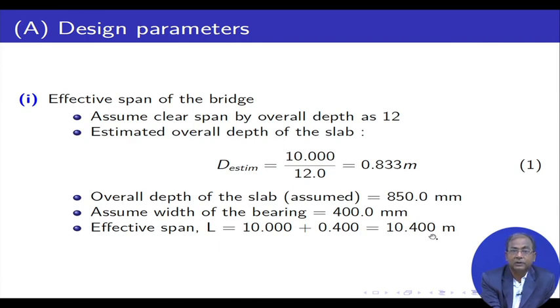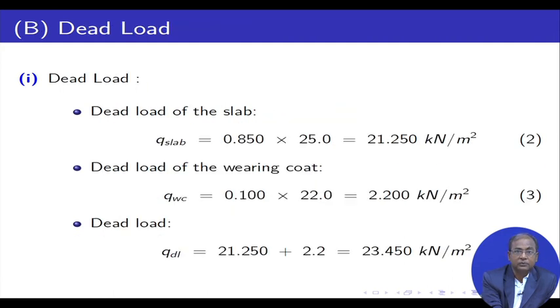This is for the solid slab we are considering here, and we would like to see what is happening. It looks like the same problem, only the span is changed, and I have changed the unit weight of the concrete to 25, which is the usual case we should take. So, as usual, the dead weight of the slab we are getting is 21.25 kilonewton per meter square, and then the wearing coat 2.2, and dead load we are getting 23.45 kilonewton per meter square.